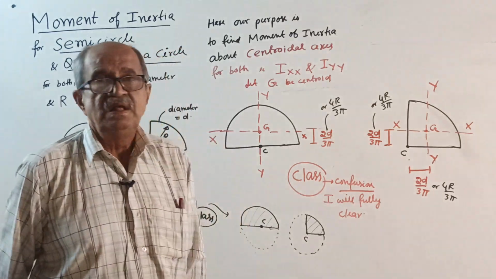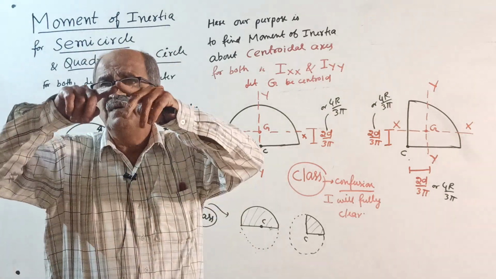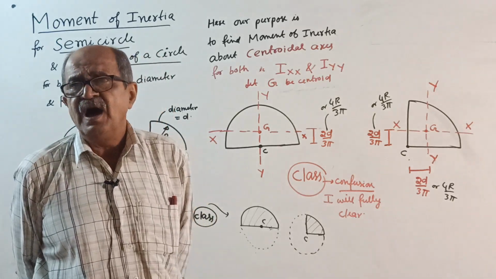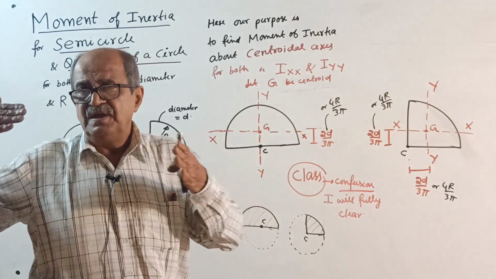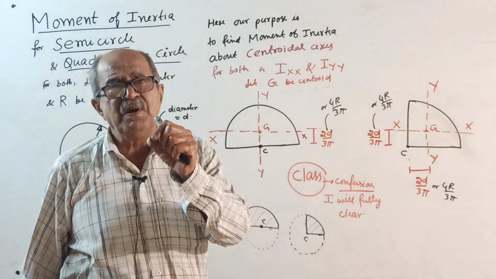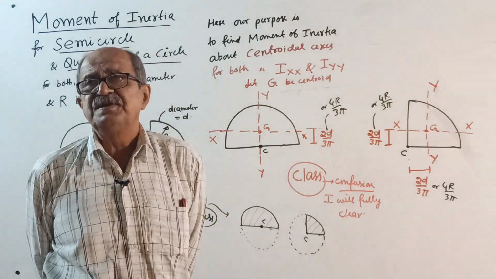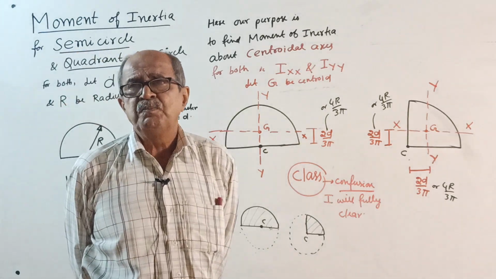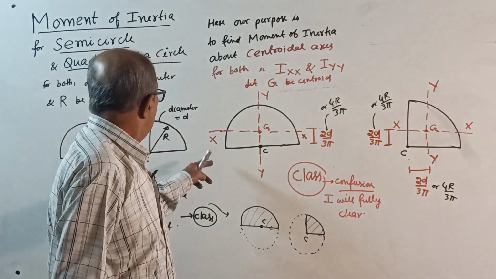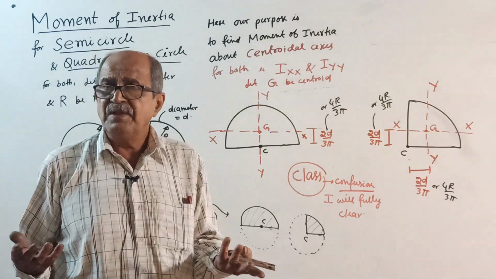Welcome. Last class we got the moment of inertia for an area in the form of a circle, or circular cross section. If you remember, the answer was the same irrespective of whether you consider the x-x axis or the y-y axis, since both pass through the center. The answer is pi d power 4 by 64 in terms of diameter, or pi r power 4 by 4 in terms of radius, where xx and yy are both actually diameters.